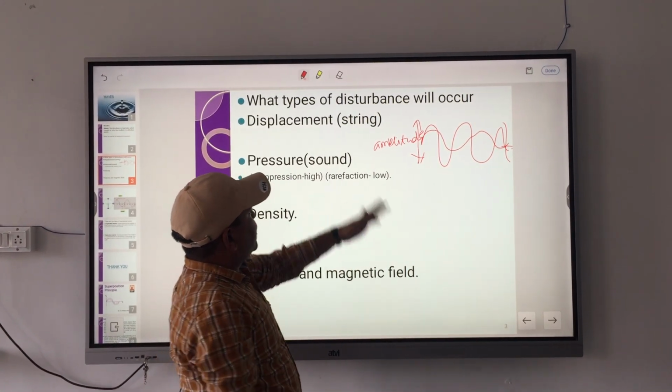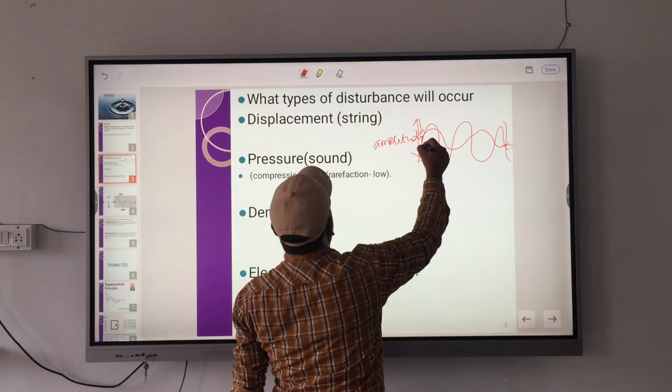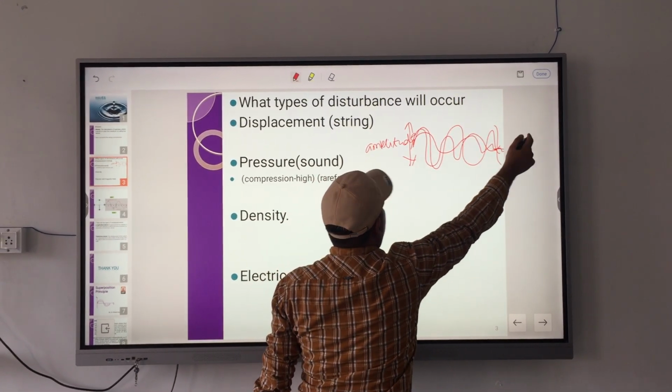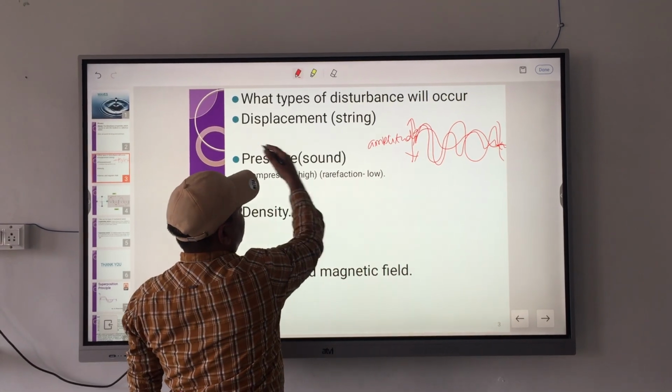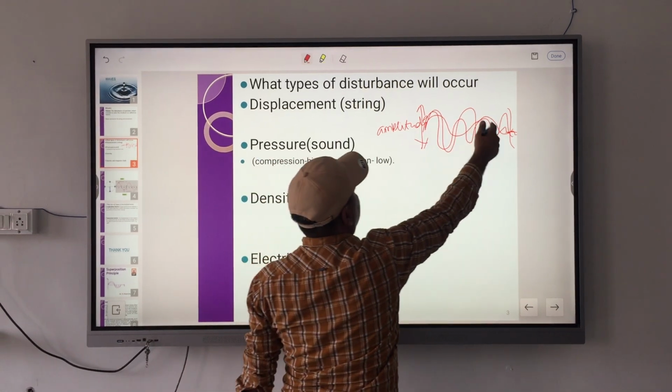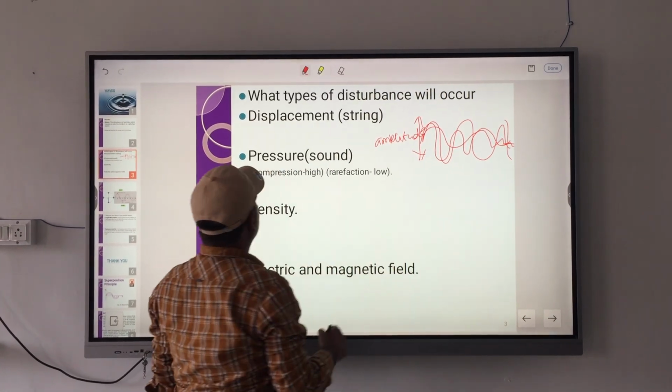It means that the displacement of the string is moving in the further direction. So we are saying the string is moving with the displacement inside the medium.